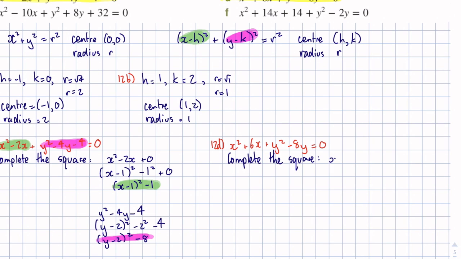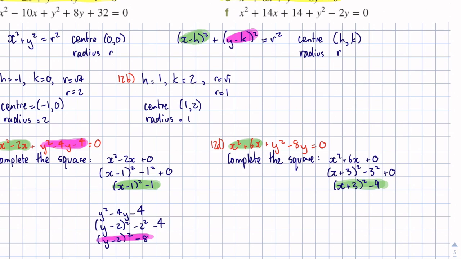I've got my x squared plus 6x, well, plus 0. So that's the same as (x plus 3) squared, because I halve that 6, minus that 3 squared plus 0. So I've got (x plus 3) squared minus 9. So that's what I'm going to replace that half of this equation with.